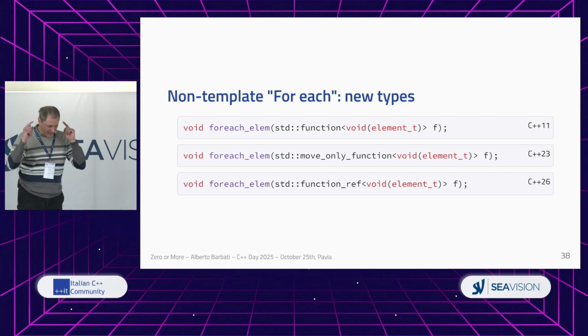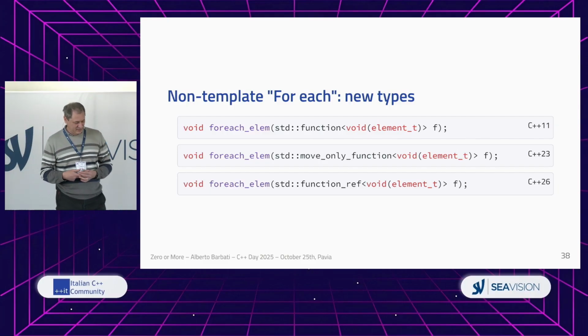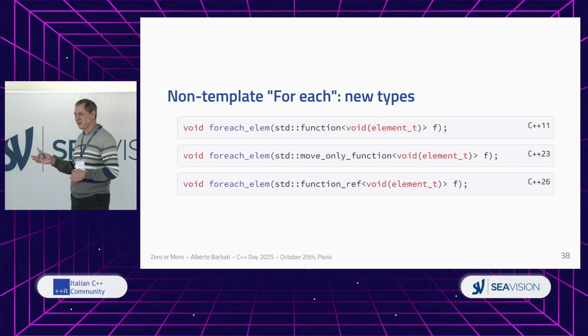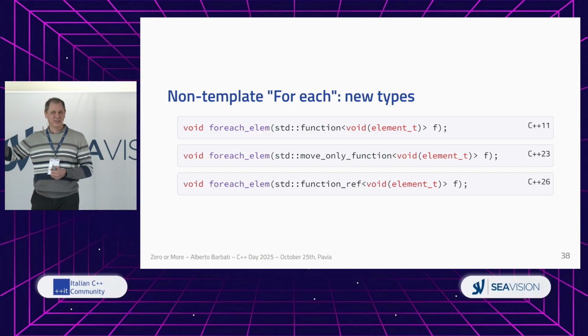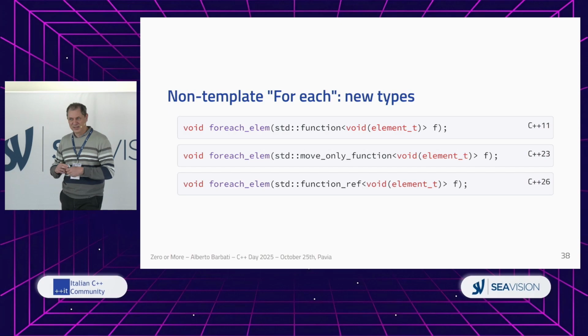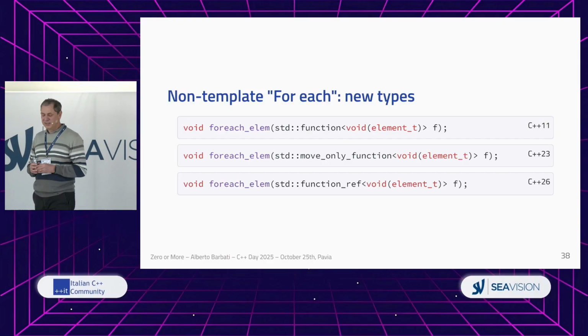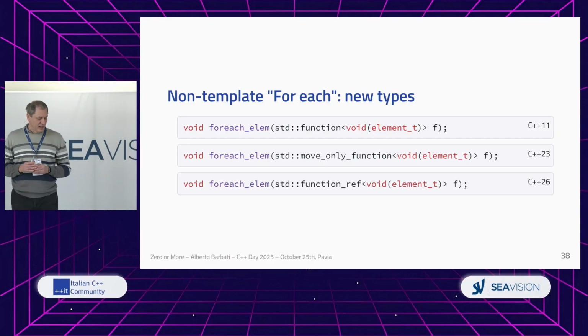In C++26, we have an even different type. It is function_ref. function_ref is a function object, but has reference semantics, so it doesn't wrap the object and copy or move it with it. It's a reference type.